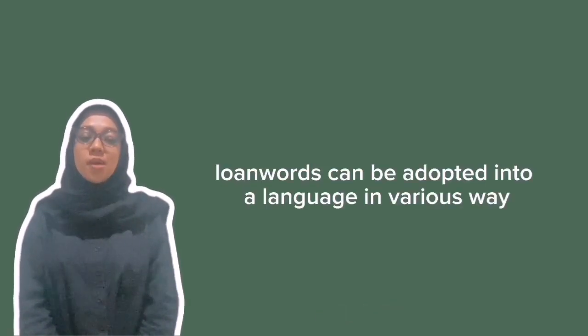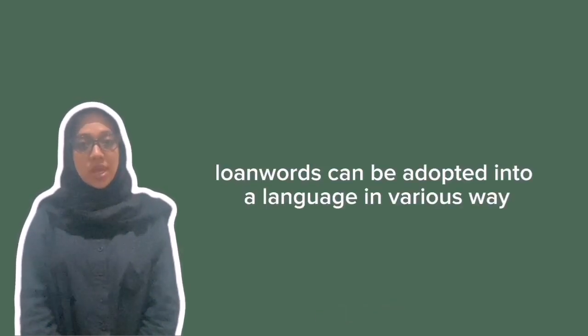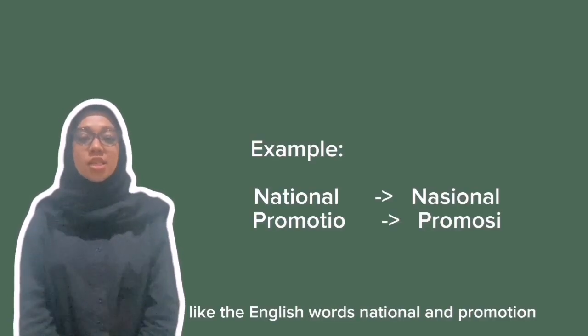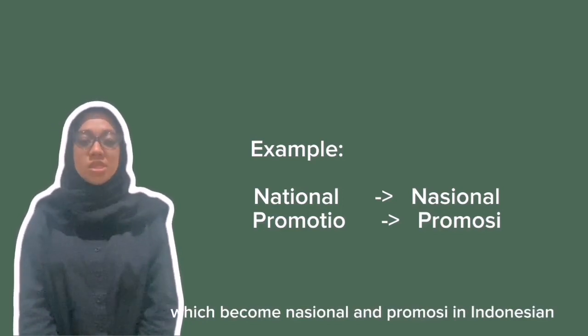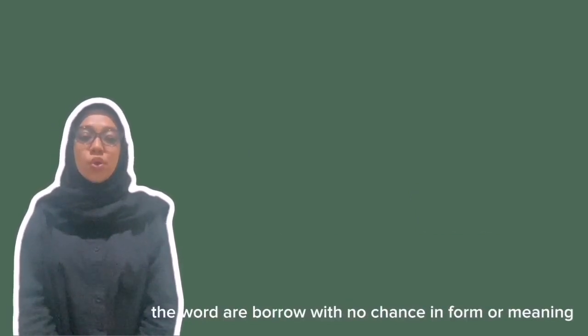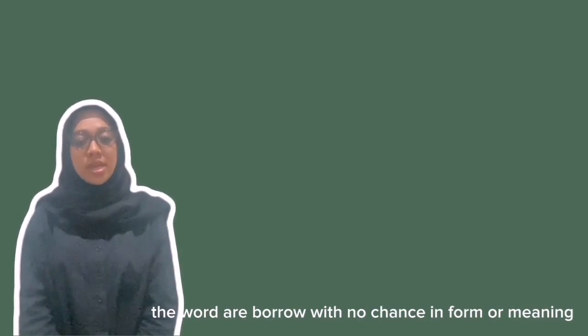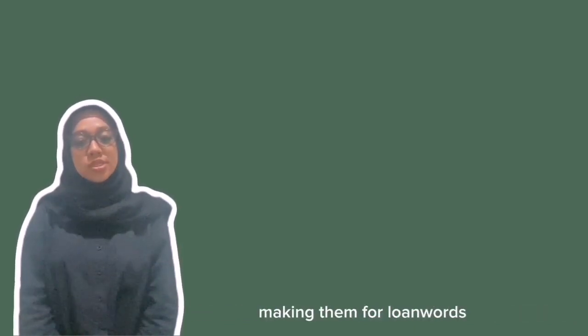Loan words can be adopted into a language in various ways. In some cases, like the English words national and promotion, which become national and promosi in Indonesian, the words are borrowed with no change in form or meaning, making them pure loan words.